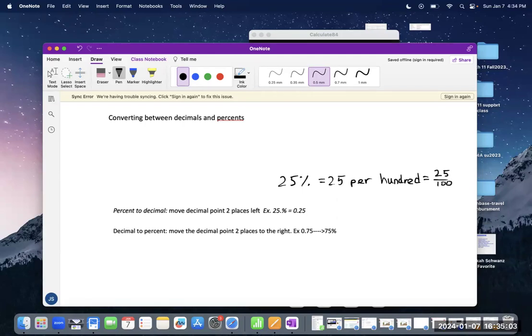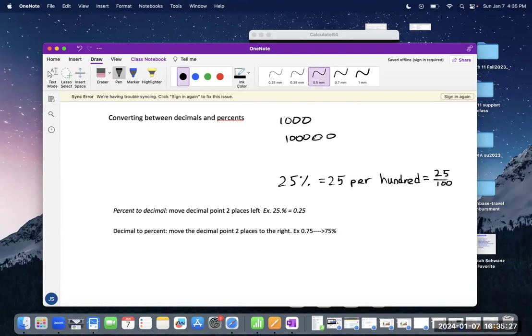Maybe you guys aren't aware of this little trick, but whenever you have a power of 10, which means a number that starts with a 1 followed by a bunch of zeros, that's called a power of 10.